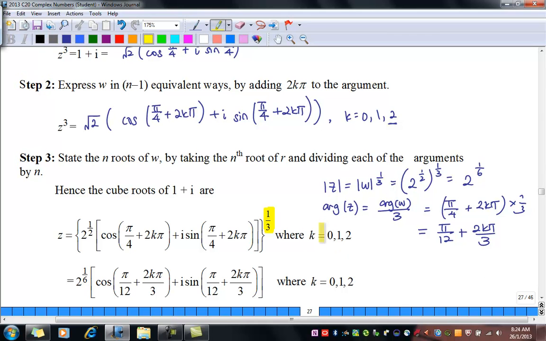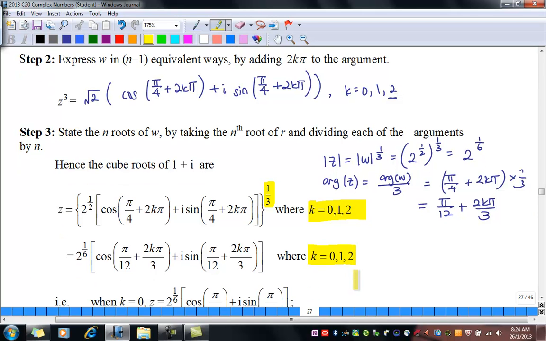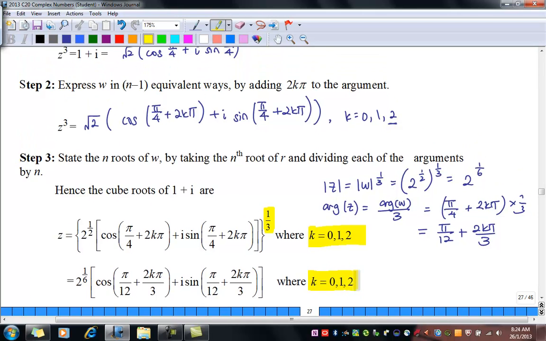Bearing in mind the values of k are 0, 1, and 2, I have therefore arrived at a total of 3 different roots. Let's take a look at how these roots are going to be distributed. The first root is when k equals 0, so the argument of this root is going to be pi over 12.